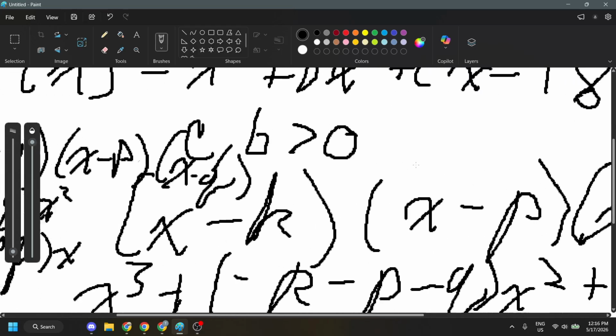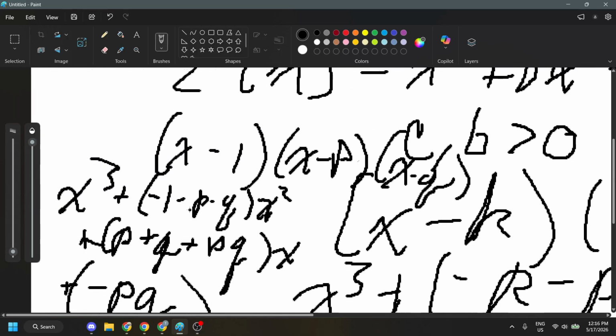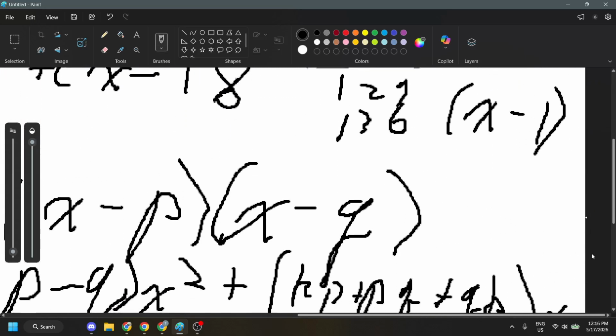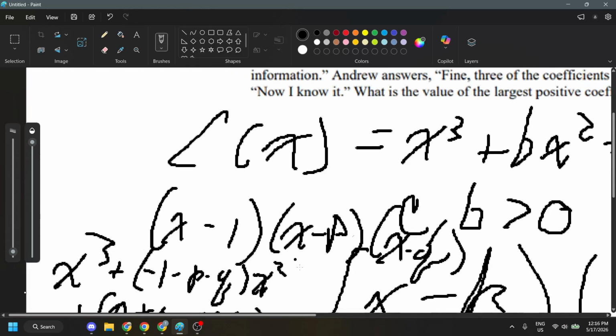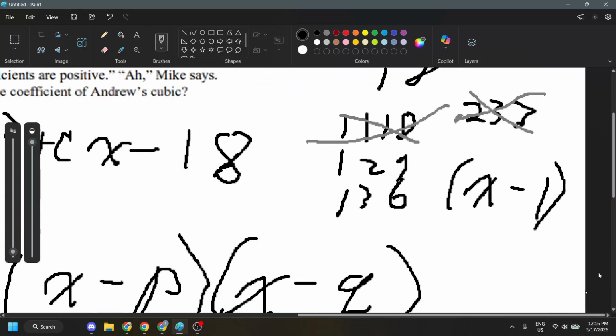Okay, let's try 2 and 9 then. If I put 2 and 9 in here, oh, it could also, oh shoot. No, because it could be the fact that two of them are negative. And that would, yeah. Shoot.